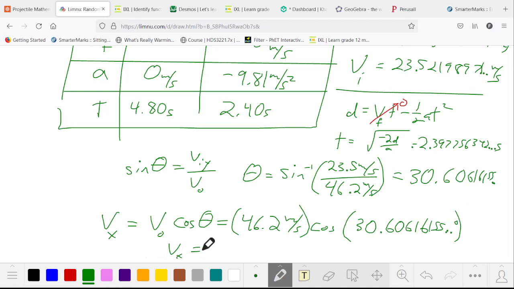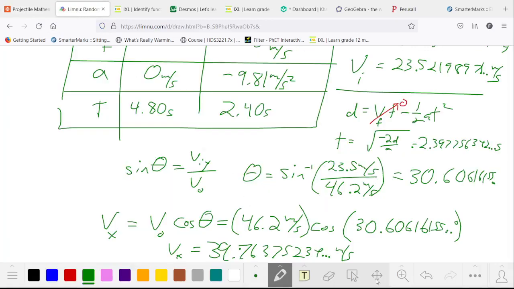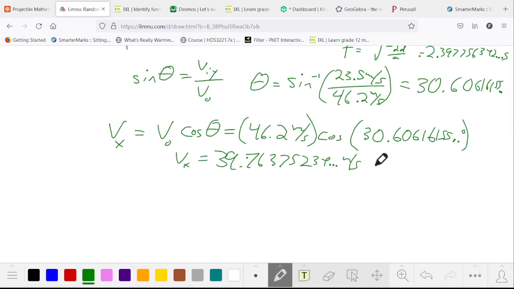So that is 39.763752234 meters per second, or 39.8 when we round it.